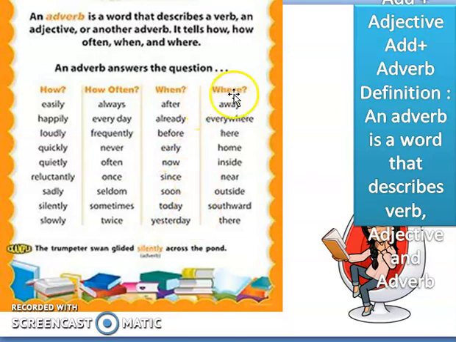And where, away, everywhere, here, home, inside, near, outside, southward, northward, there, here. This is a chart. There is not all the words, but the words we use in daily life. So let's move on to our next slide.